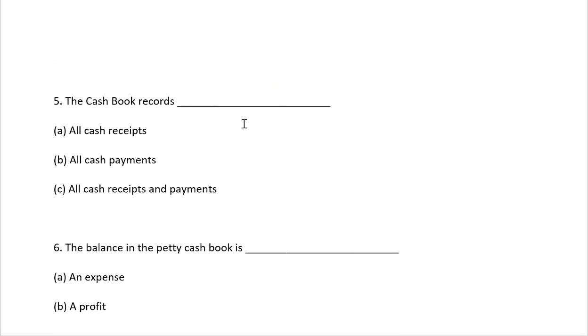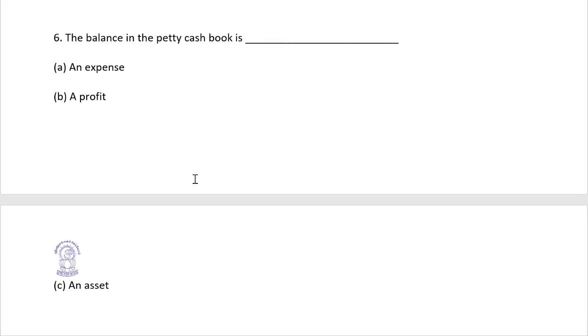Let's see the fifth one now. Cash book records A, all cash receipts, all cash payments, all cash receipts and payments. Obviously, cash book records all cash receipts and payments. 6. The balance in the petty cash book is dash: is an expense, is a profit, is an asset.